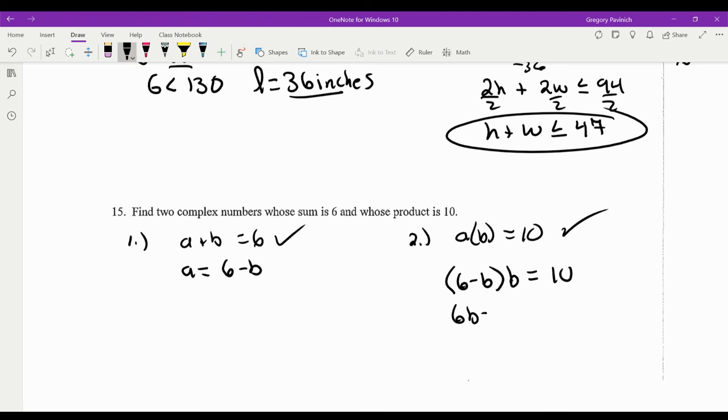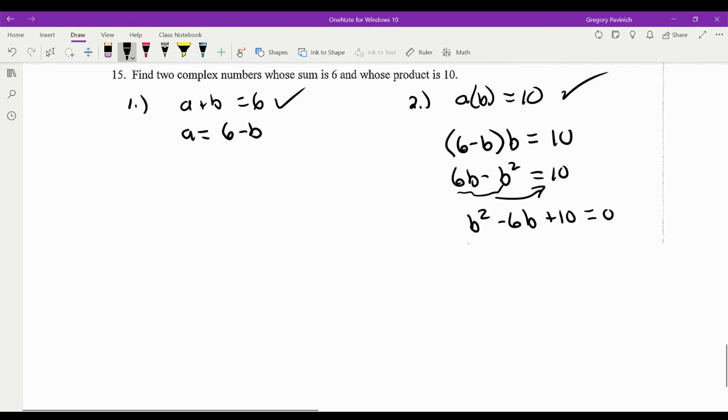And I get 6B minus B squared equals 10. And then how about negative B squared? Well, I think I want my B squared to be positive, so I'm going to move these two terms over. We get B squared minus 6B plus 10 equals 0.